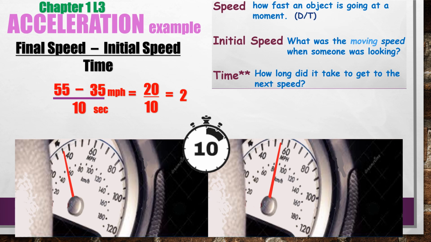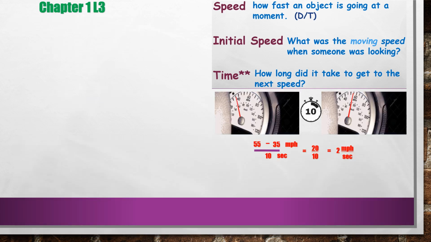Now, when you get into classes like physics or advanced science, then you'll talk about how you can do a different calculation with miles per hour per second. But we're not going to worry about that in sixth grade. When you get older, you can discuss that one. But you would basically end up finding out that you went 2 miles per hour per second to go from 35 to 55. Right?